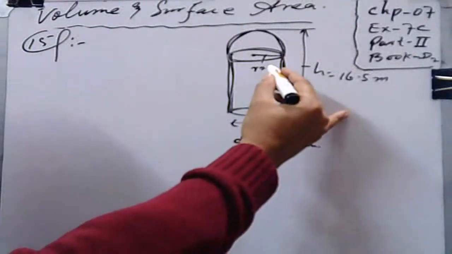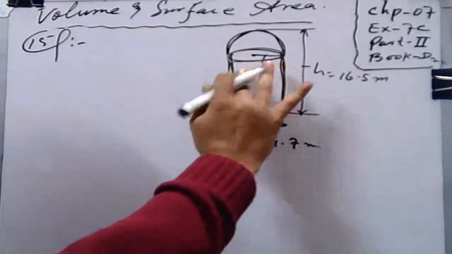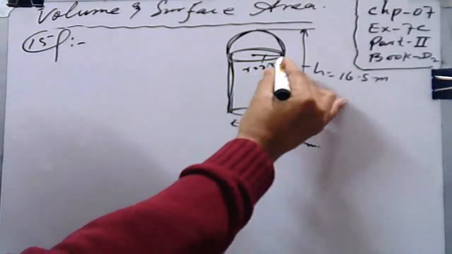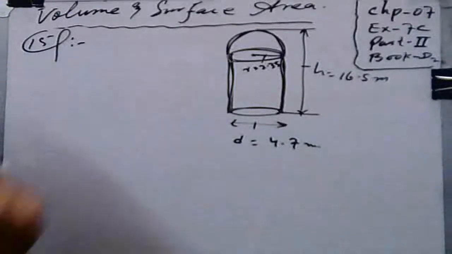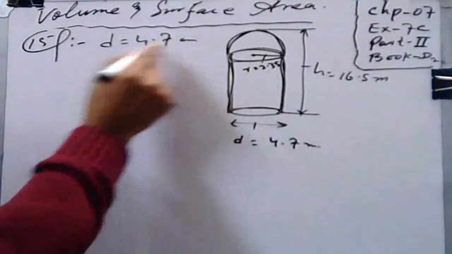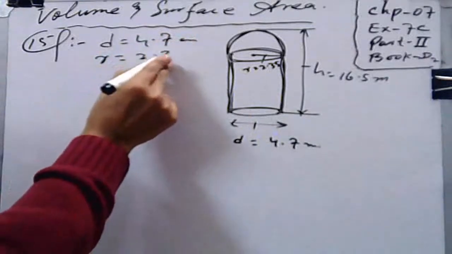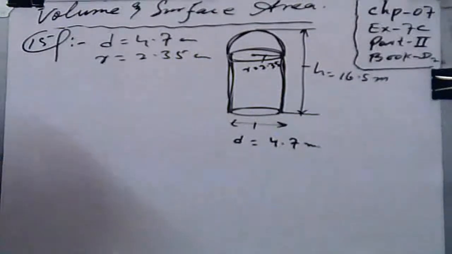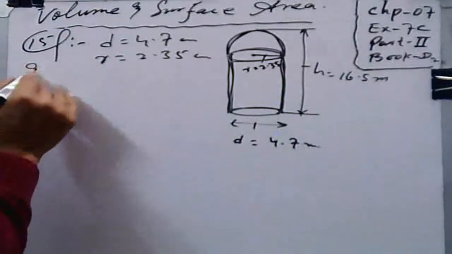So the volume of the hemisphere: we have the formula 1 by 2 times 4 by 3 pi r cube. After simplification you get 2 by 3 pi r cube.